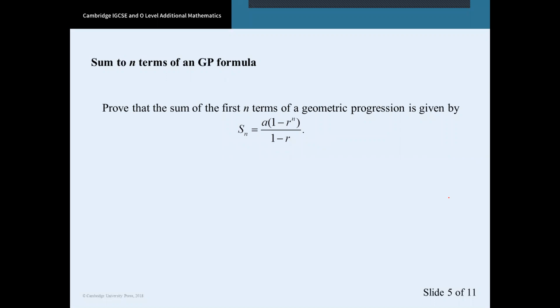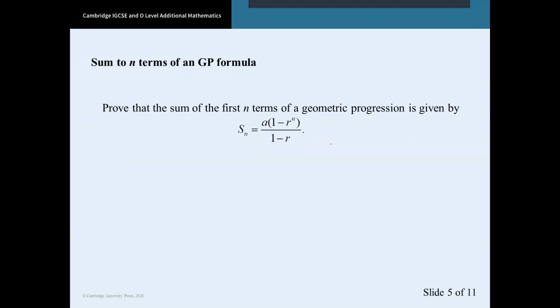Now here, this is the formula, the sum to n terms of a geometric progression formula. Prove that the sum of the first n terms of a geometric progression is given by Sn equals a times (1 minus r to the power of n) over 1 minus r.